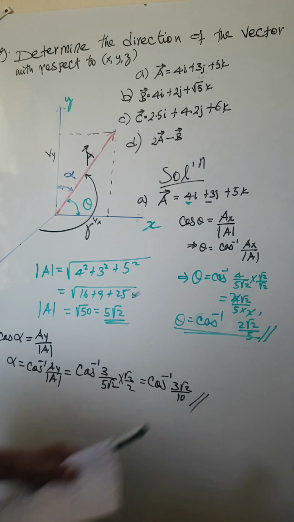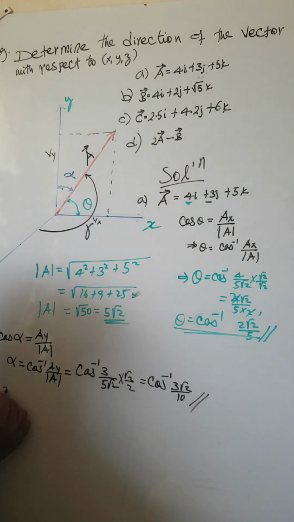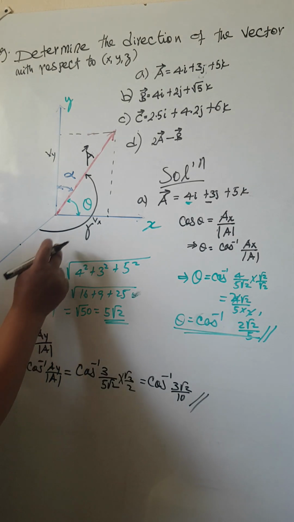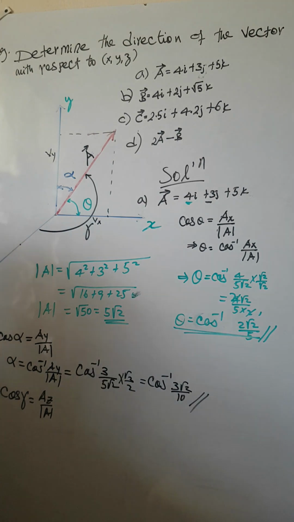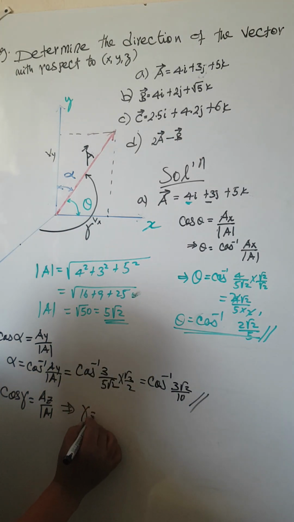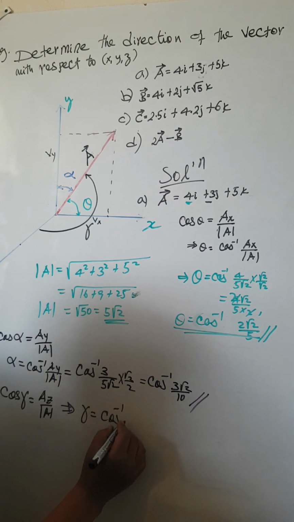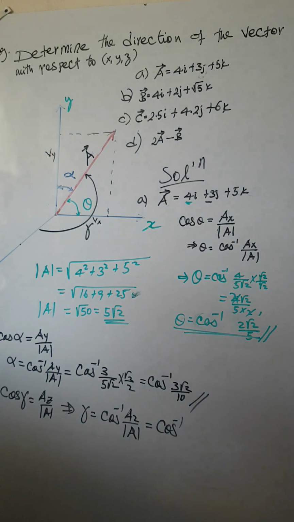So by using a calculator, it's possible to have the direction. And the third angle is gamma. So cos gamma is equal to the magnitude of A along Z divided by the magnitude of A, implying gamma is equal to cos inverse of Az divided by the magnitude of A. This is equal to cos inverse.